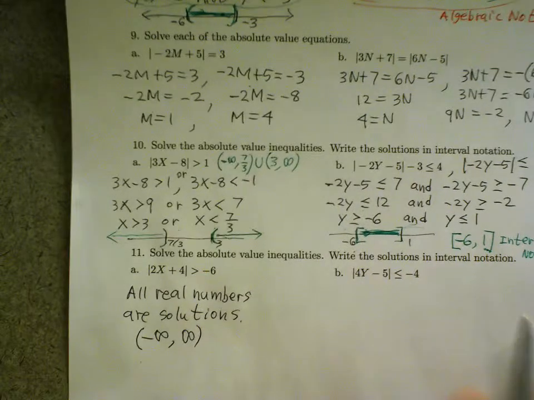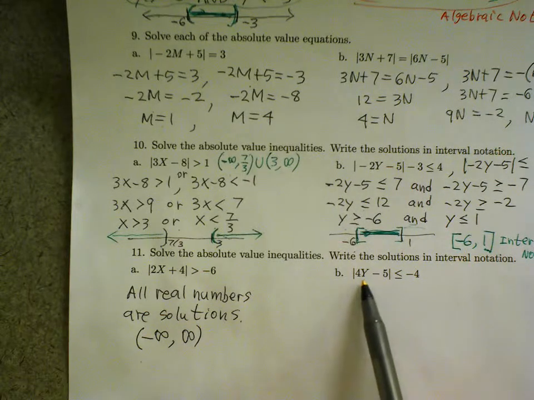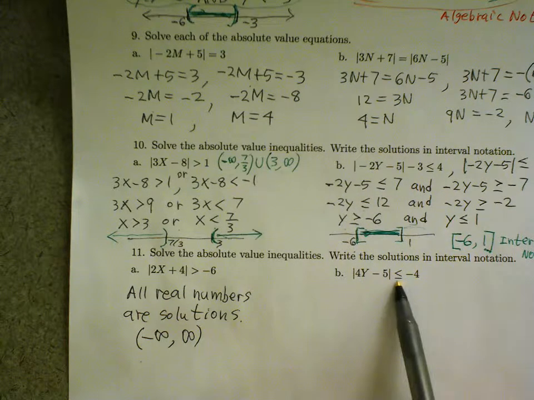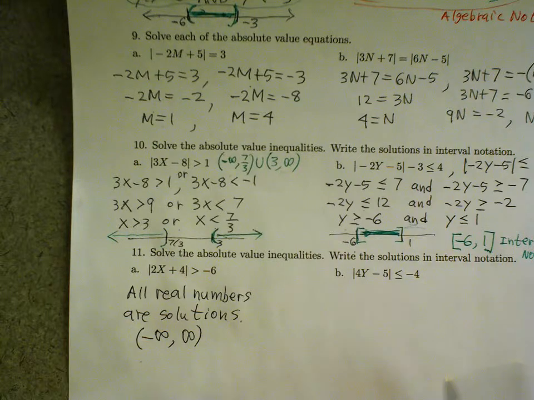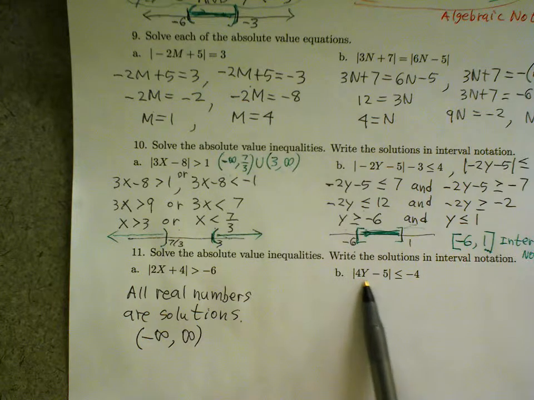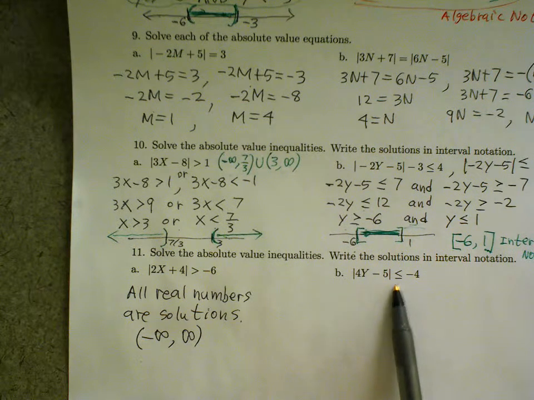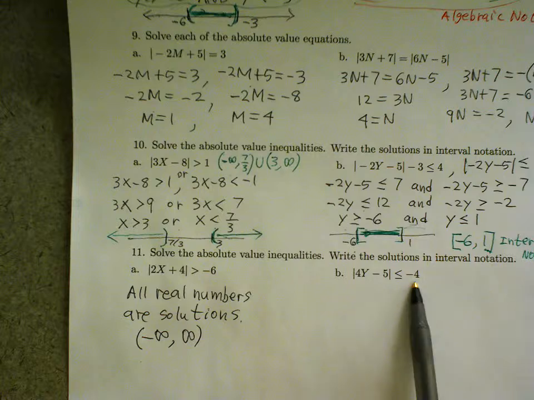Okay, the other one, part B, the absolute value of 4y minus 5 is less than or equal to negative 4. So what about this one? Well, the absolute value of a real number is either positive or 0. A positive number is never less than or equal to a negative number.